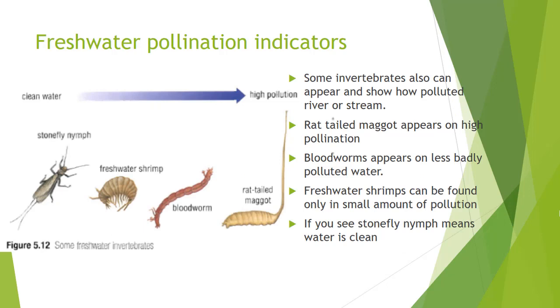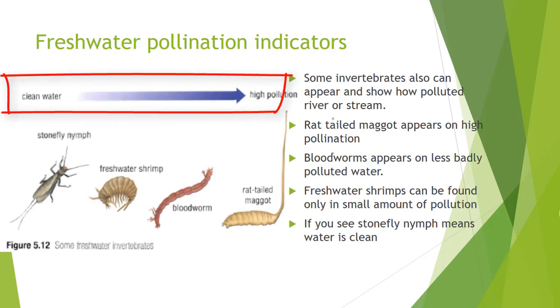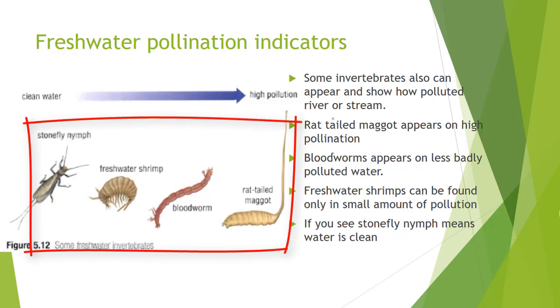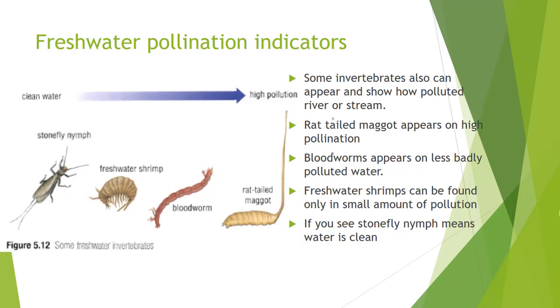There are also freshwater pollution indicators, as you can see by the picture, and here we are going to talk about them. Before we continue, they are all invertebrates, meaning they don't have a backbone, they are small organisms, and they are mostly found in rivers or streams.